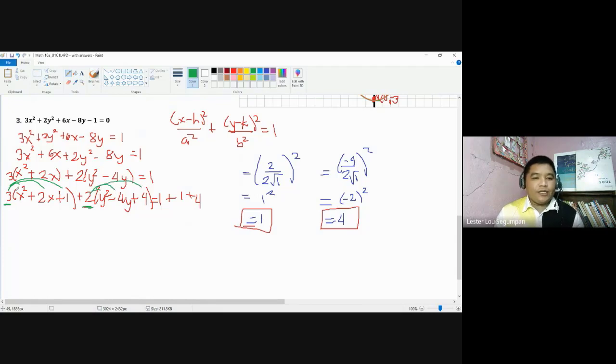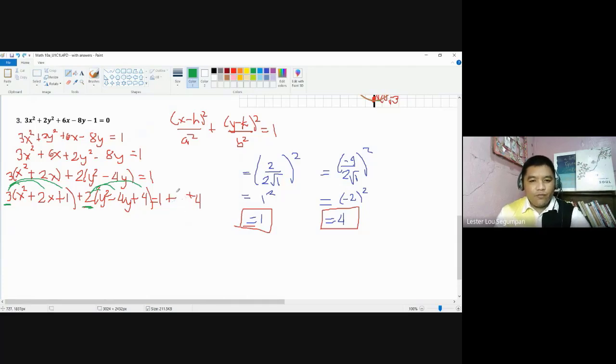And if we do return them to the constants that we have added, what we added here is not actually 1. What we added here is actually a 3, because we factored out the 3, that's why it's just a simple 1 here. So instead of adding 1 on the other side, what we will add is 3 times 1, a value of 3.